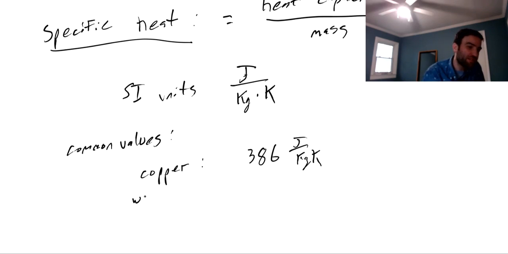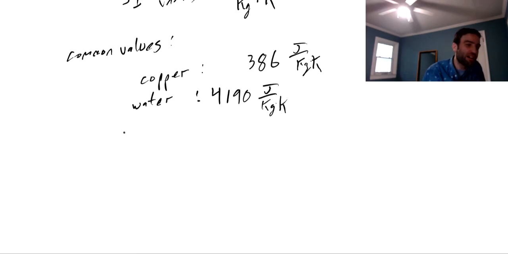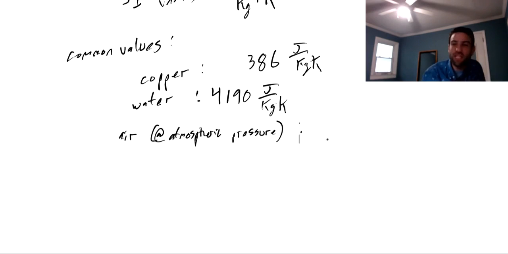Water, it takes a lot more energy to heat up a kilogram of water by 1 degree than it does to heat up a kilogram of copper by 1 degree. Water is closer to 4190 joules per kilogram Kelvin. And air at atmospheric pressure has a specific heat which is kind of in between these two things, something like 1001 joules per kilogram Kelvin.